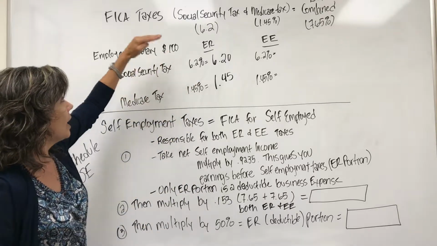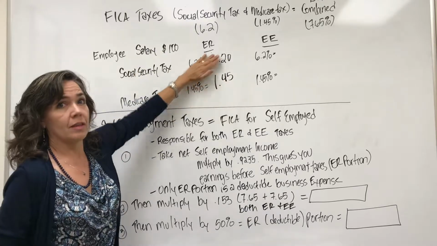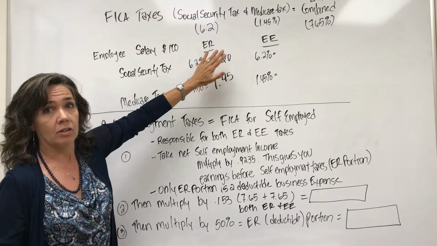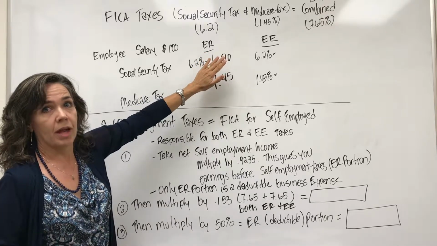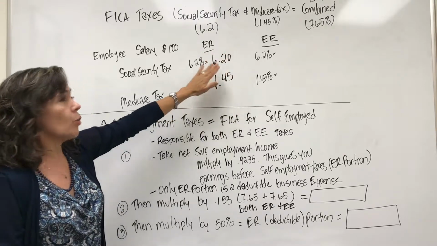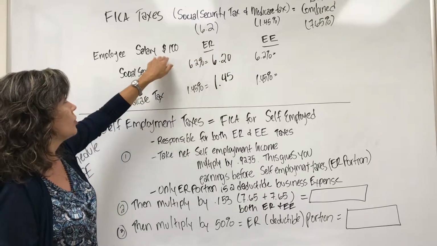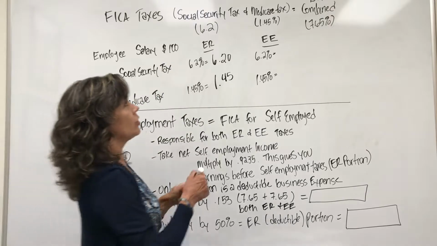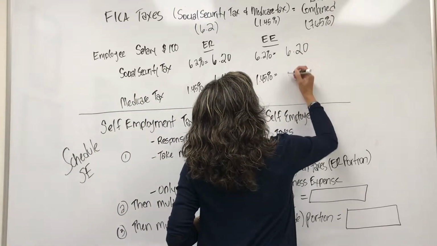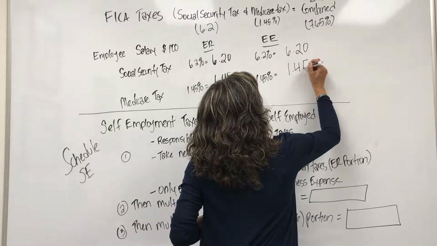So when you get paid $100, you're not seeing this. This is an expense to the employer that they get to deduct on their income statement as an employer portion of the taxes. So you're really not seeing that. But what you are seeing on your paycheck is $100, and then a deduction for your portion of Social Security and your portion of Medicare.